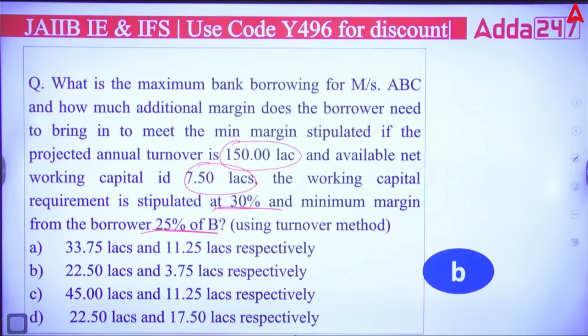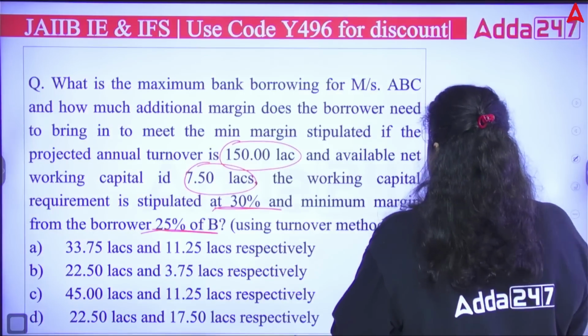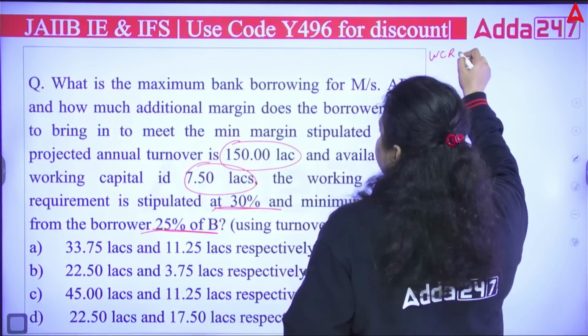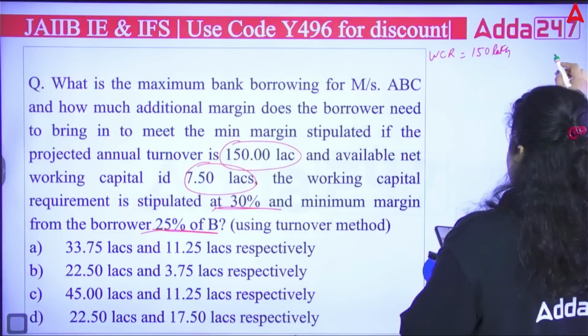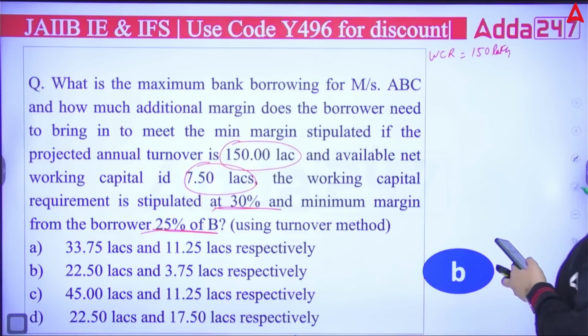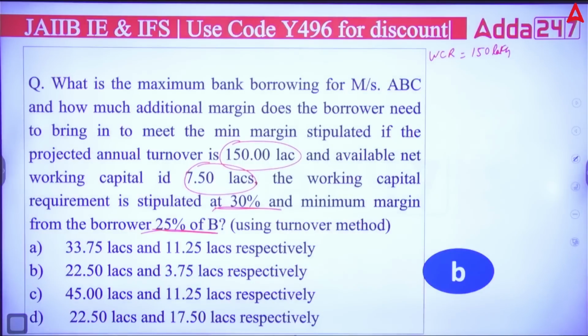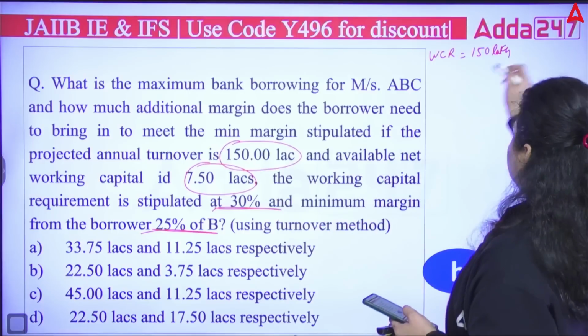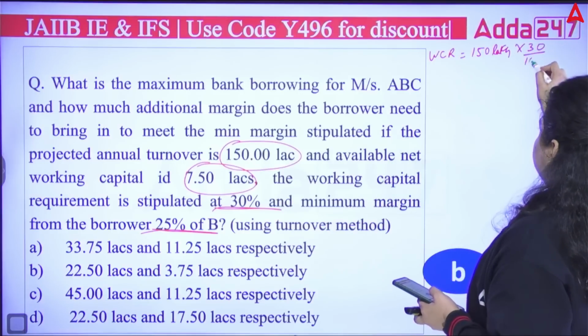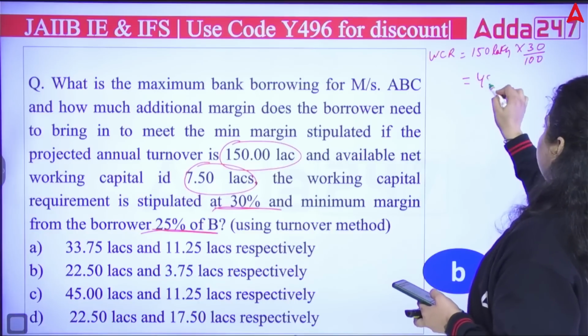First of all, if we talk about the working capital requirement, we have to calculate it on 150 lakh. The working capital requirement is 30%, so multiply by 30 and you will get 45 lakhs.